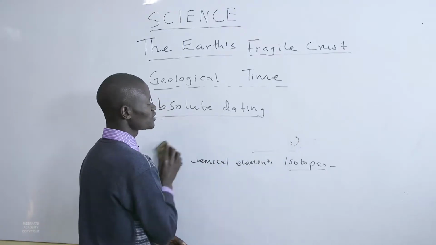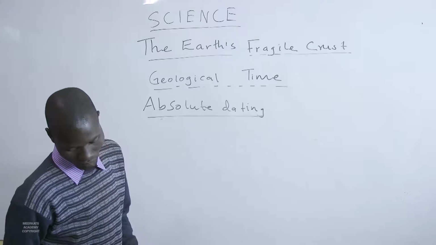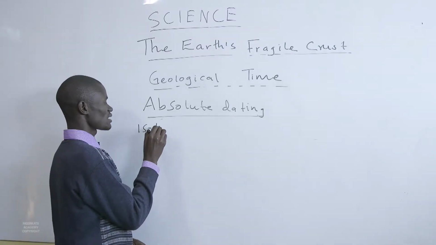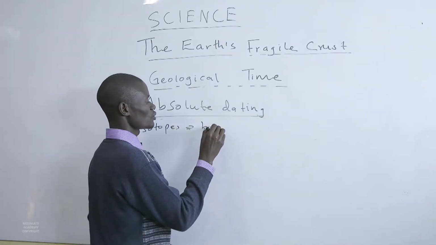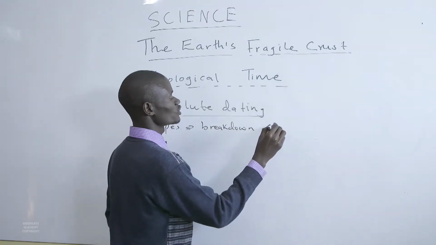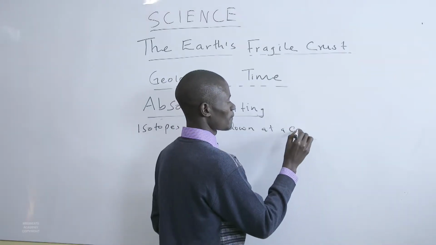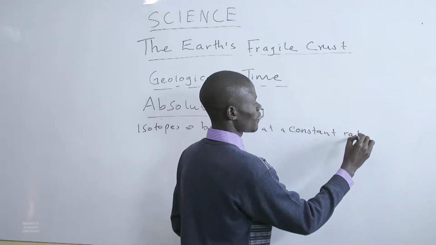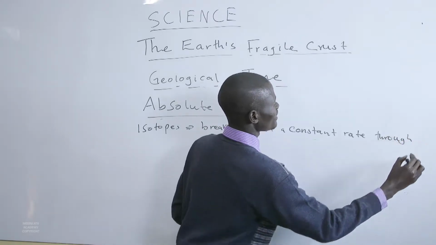That is what we are going to find in absolute dating. And I want to make a statement here: the elements referred to as isotopes always break down at a constant rate through radioactive decay.